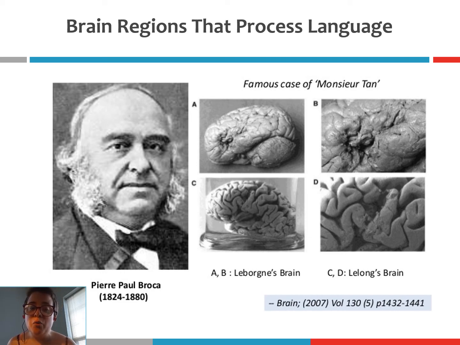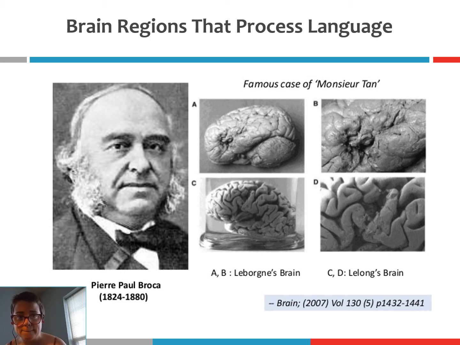So again, when Paul Broca did an autopsy after Lilo or Lalonde's death, he discovered a lesion or damage to the same area of the frontal lobe. And so after that, this area became known as Broca's area, and there were numerous other similar autopsies that revealed difficulties with speech production.